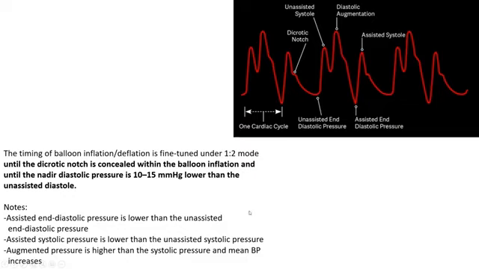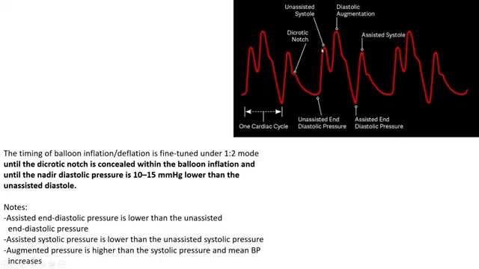Another question that can come on boards is you may get asked what is assisted and what is unassisted systolic and diastolic pressure in 1-to-2 mode. So when you get balloon augmentation here, inflation, keep in mind the pressure that precedes it, that systolic pressure, is not assisted. People may think by reflex, oh, the balloon inflation is coming over that beat, so this should be the assisted systole.